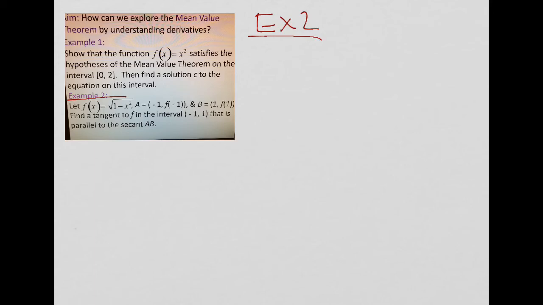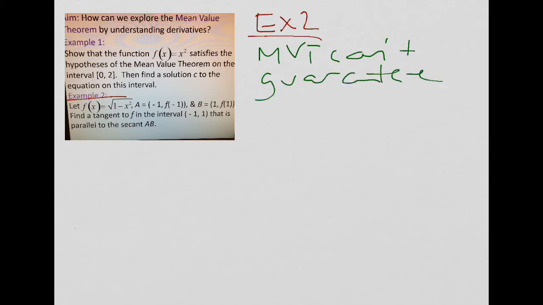MVT doesn't apply, but we can still go through the procedure, so there's no guarantee. But that doesn't mean that there isn't an x value where the slope is the same. It's just that MVT can't guarantee that. At least one solution.